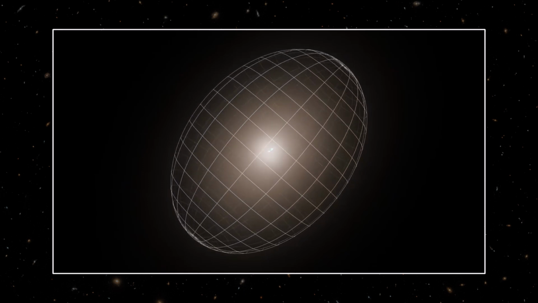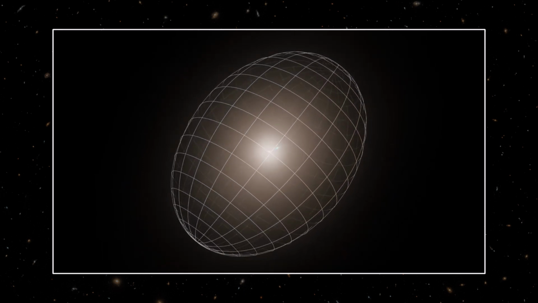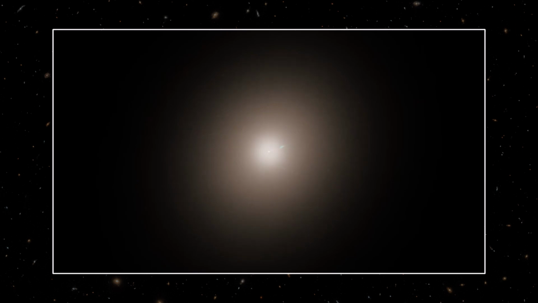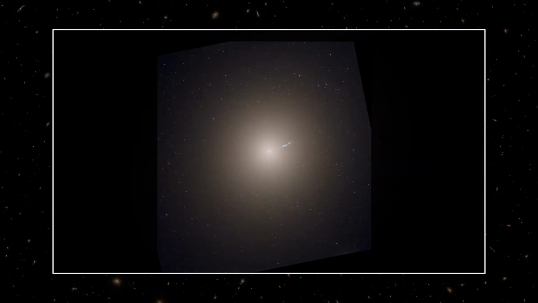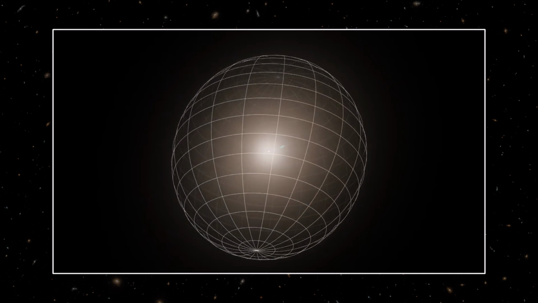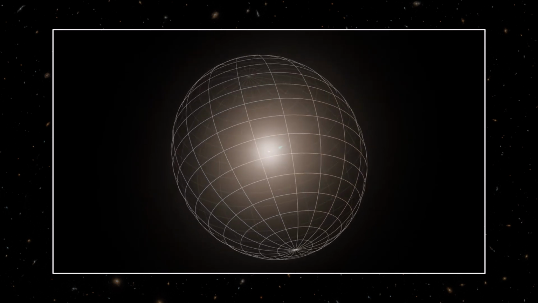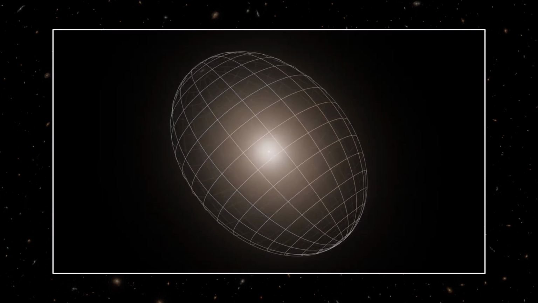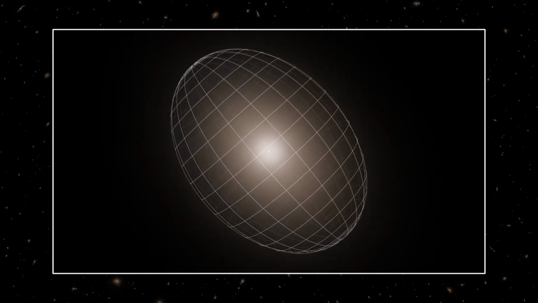So we don't really know just by looking at it the shape of the galaxy. Spiral galaxies are a little bit easier to classify because they're kind of flat disks with spiral arms. And if we see a face-on spiral galaxy, we can determine whether it's a barred spiral or what type of spiral arm structure it has.